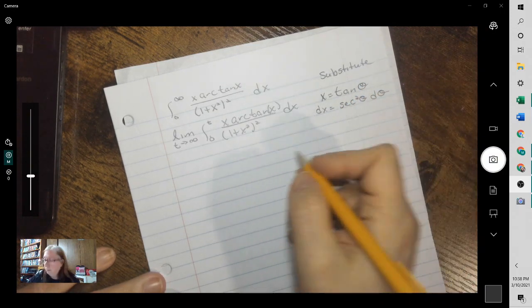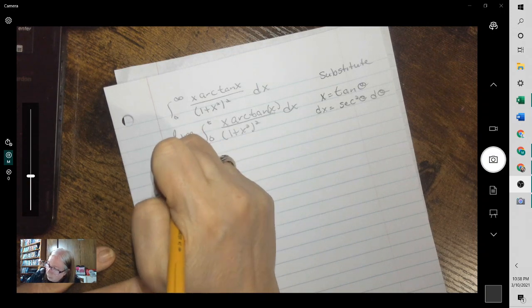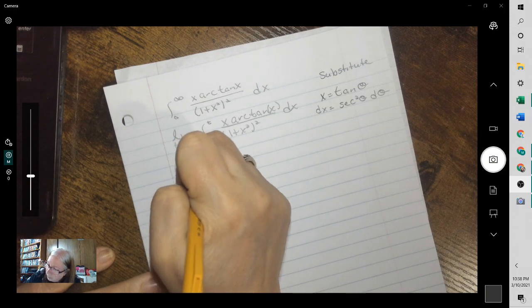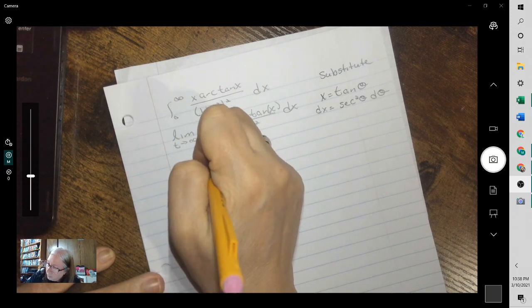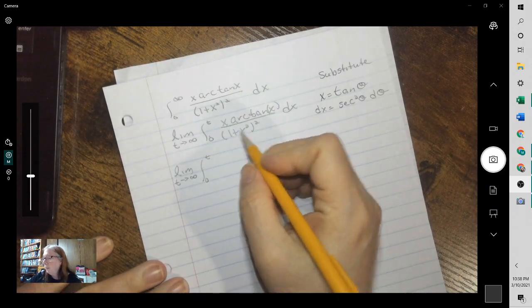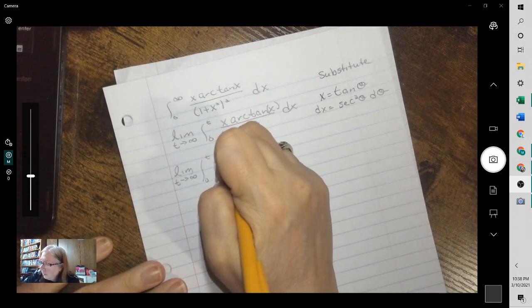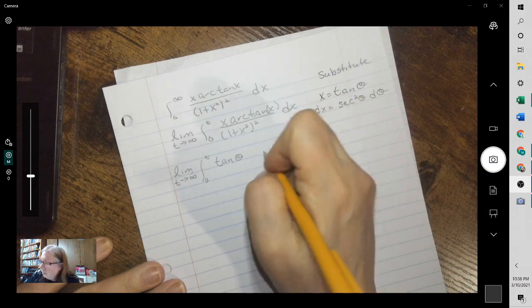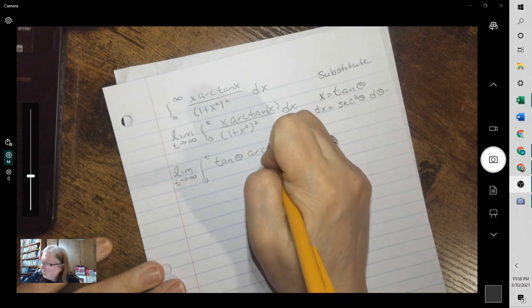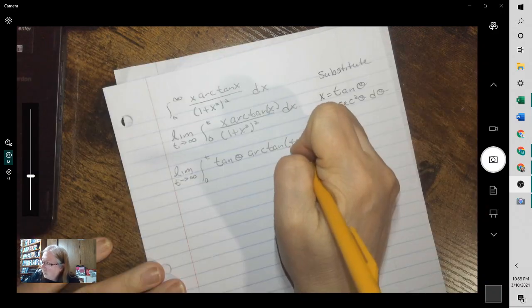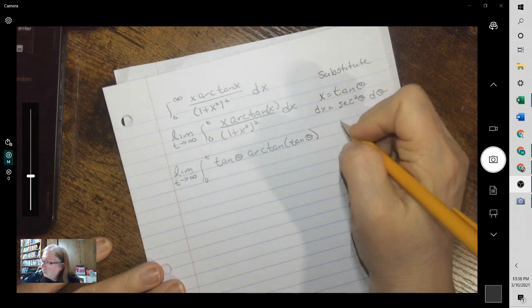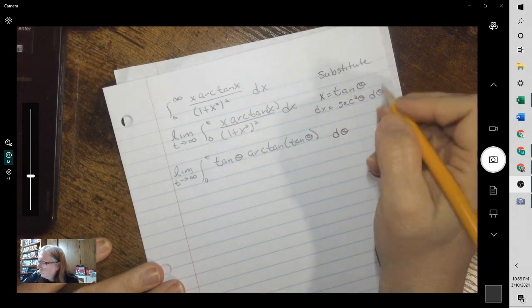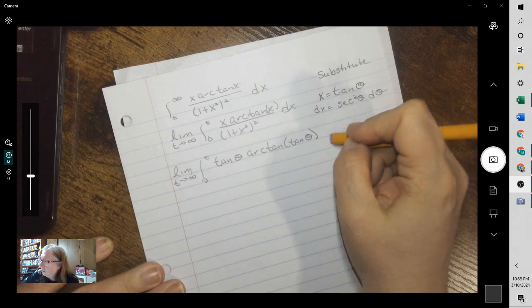And we plug in. Okay, so we have the limit as t goes to infinity from 0 to t. In place of x, we put the tangent of theta, and then we have the arctangent of the tangent of theta. Oops, we're going to put secant squared there.